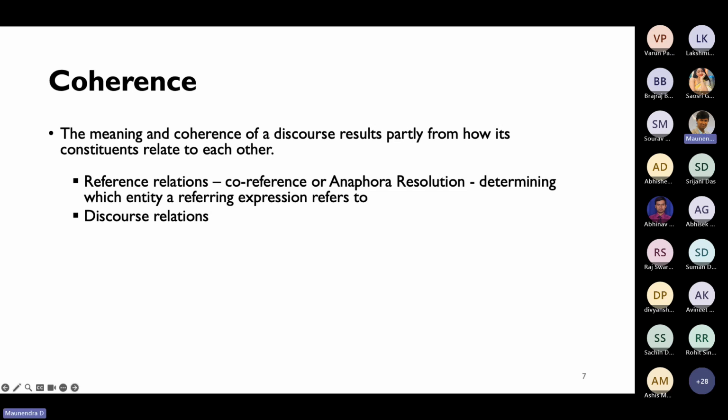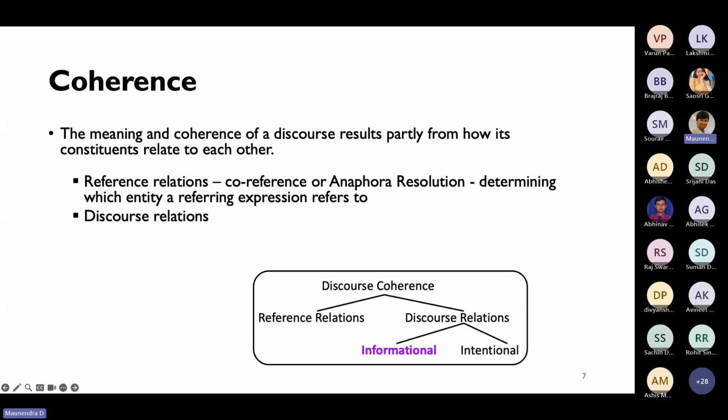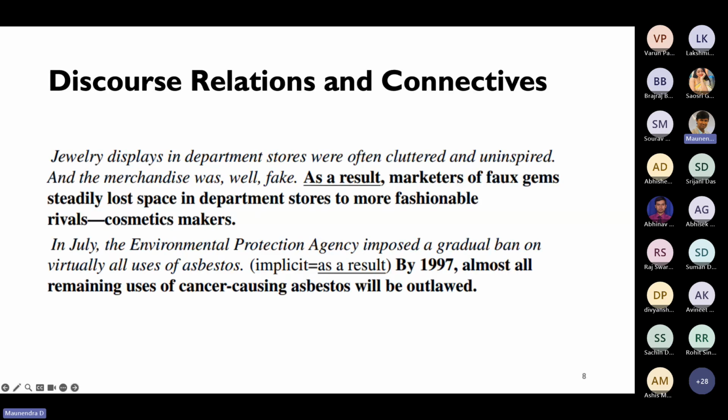One reference relation would be coreference, where different entities refer to each other, that is, which entity a referring expression refers to. That is one aspect. And there could be some discourse relations. Discourse relations can sometimes be informational and sometimes intentional. It might be specified in an implicit manner. Again, we'll have some examples for that.